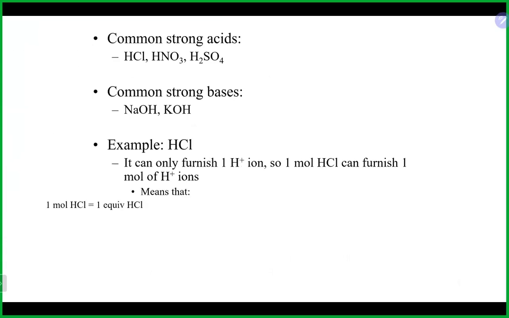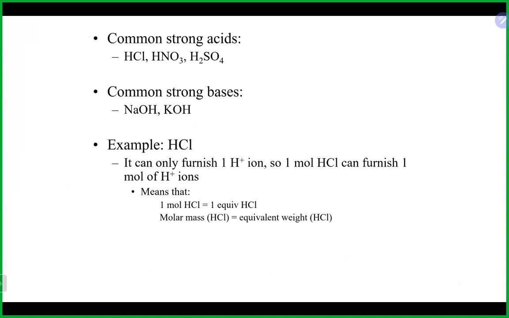So, as I mentioned, a reminder that some strong acids like HCl, nitric acid, sulfuric acid. Remember our list of strong acids. It's basically those guys there. We could add perchloric acid to it, hydrobromic acid, hydriodic acid. Those are pretty much your list of strong acids. Common strong bases: sodium hydroxide, potassium hydroxide.